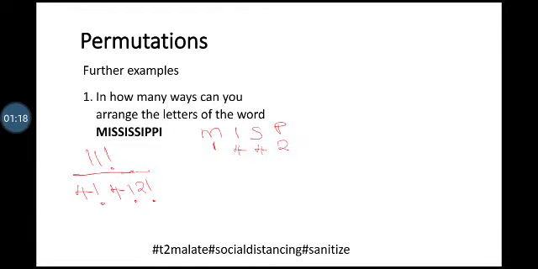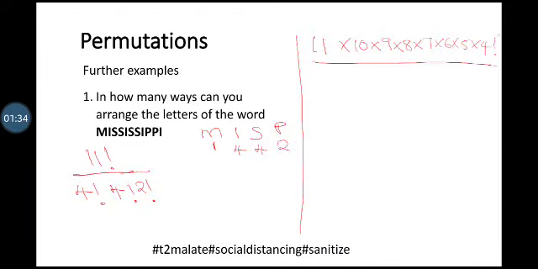Now what's left is to simplify. What we have there is 11 times 10 times 9 times 8 times 7 times 6 times 5 times 4 factorial. So we leave it at 4 factorial because we have a 4 factorial down there which can be cancelled out.